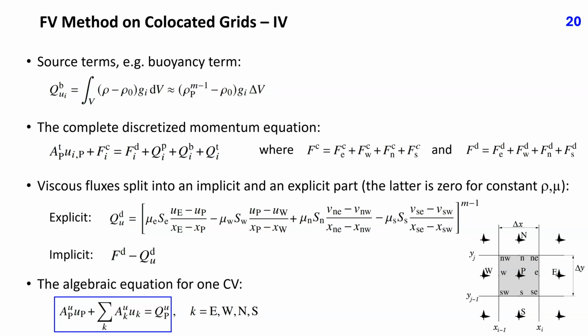We now need to sort all these terms out and cast them into an algebraic equation involving as unknowns velocities at the center and at centers of the neighbor control volumes. On the left-hand side of the original equation, we have one part of the rate of change term and convection fluxes. On the right-hand side, viscous forces, pressure forces, buoyancy force, and the explicit part of the rate of change term.